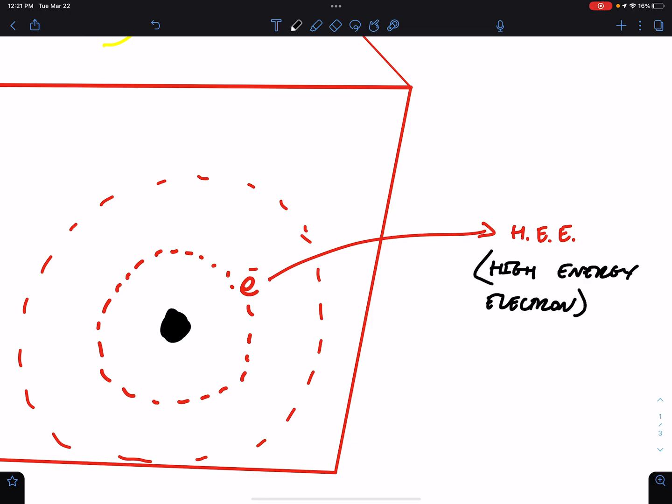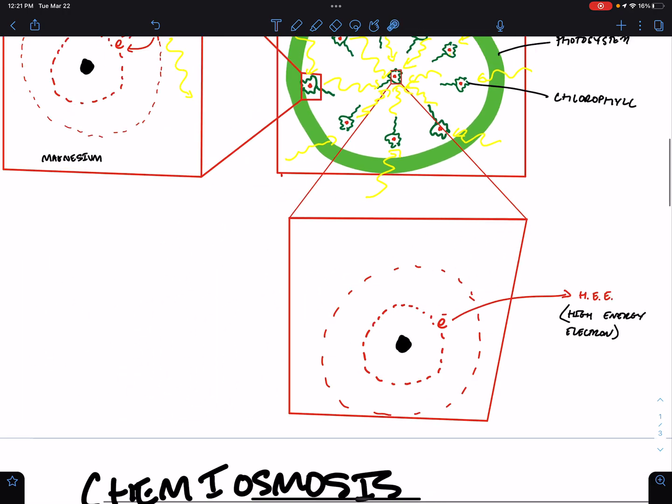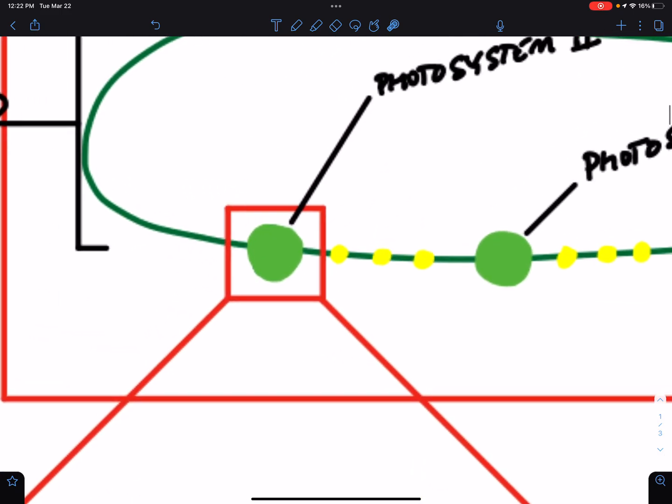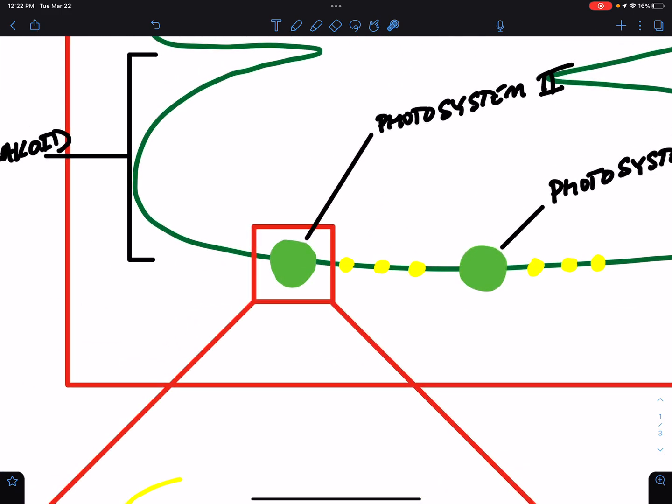So the purpose of this photosystem was to collect light energy that hits it from anywhere in the photosystem and pass it on to a central chlorophyll molecule, which is then going to excite an electron so much, because of all this light energy, that it can kick it off and create this high energy electron. So that's what's happening in photosystem number 1.